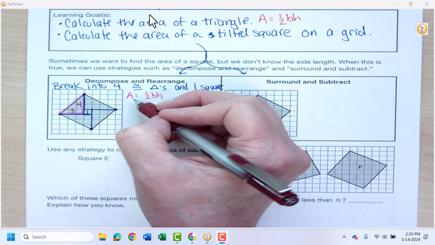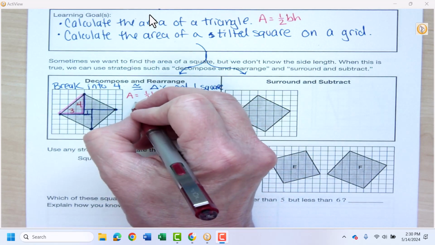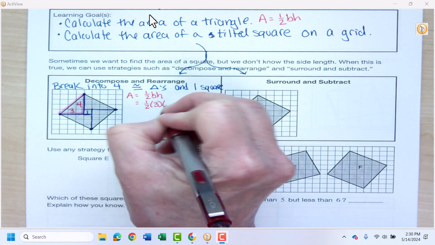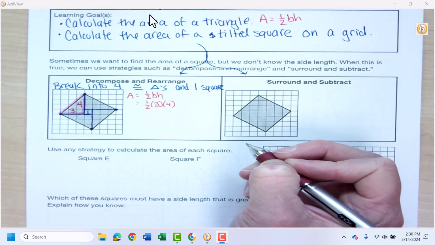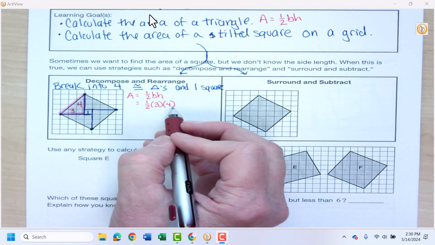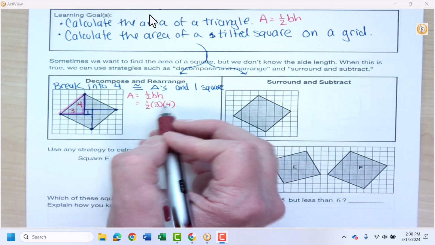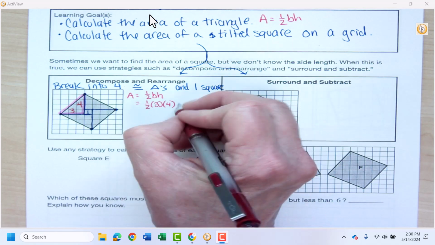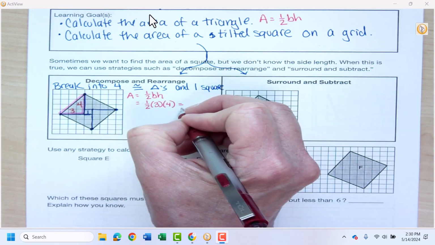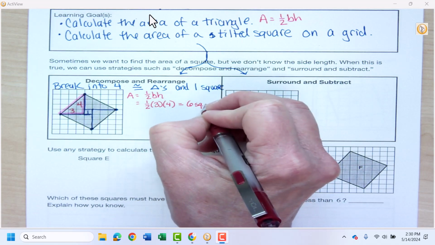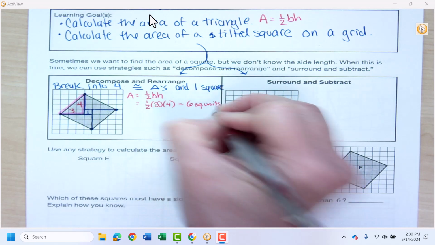So then the area of that triangle is 1/2 times 3 times 4. Now it doesn't matter what order I multiply these 3 numbers. I could multiply 3 times 4 and then cut it in half, which is what I'm going to do. 3 times 4 is 12, and half of 12 is 6. So that's 6 square units.